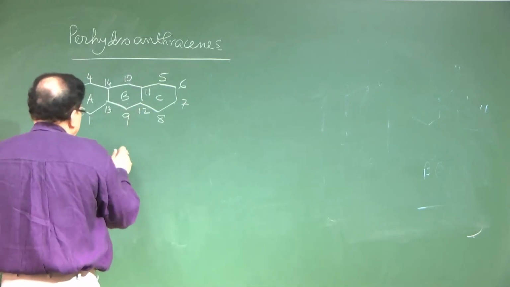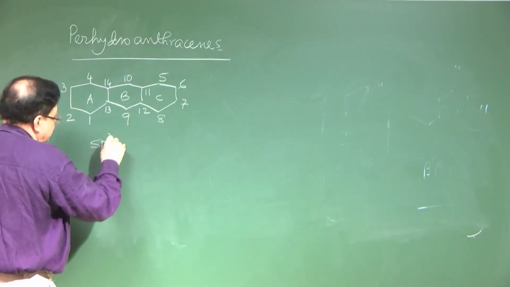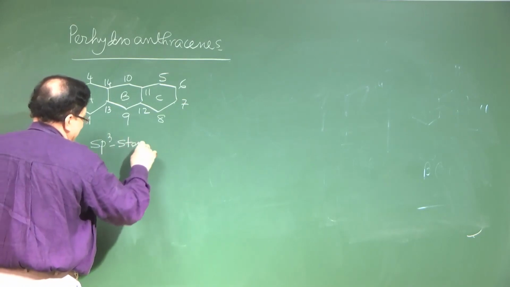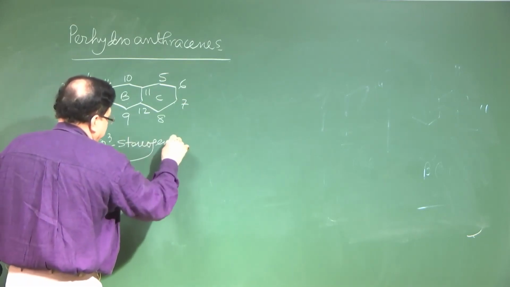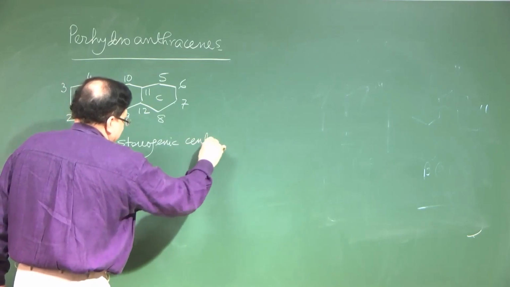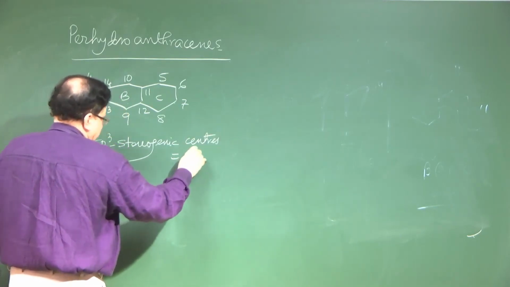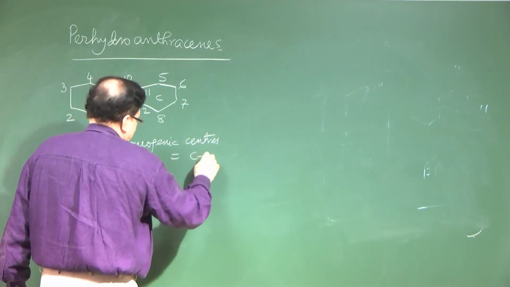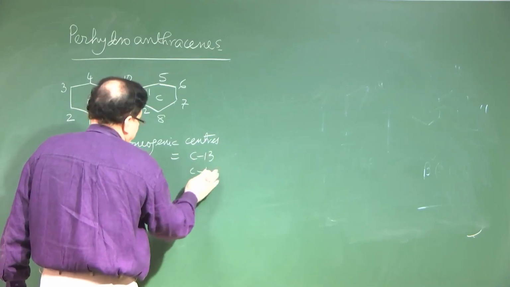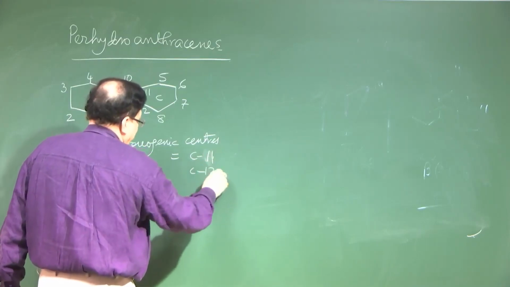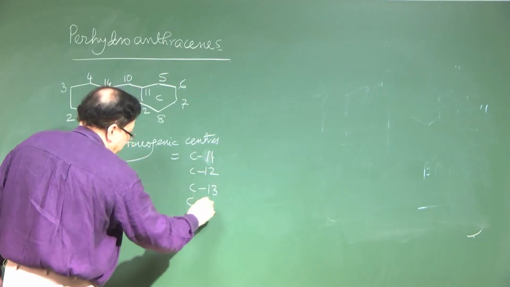So, what are the sp3 stereogenic centers? That is 11, 12, 13 and 14.